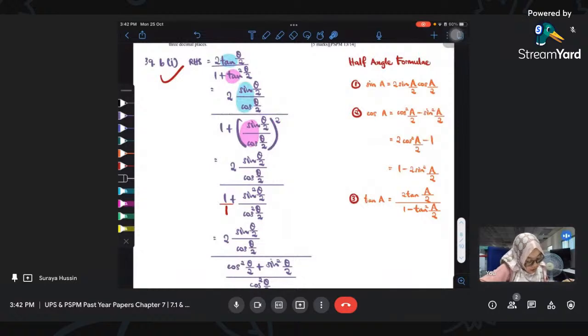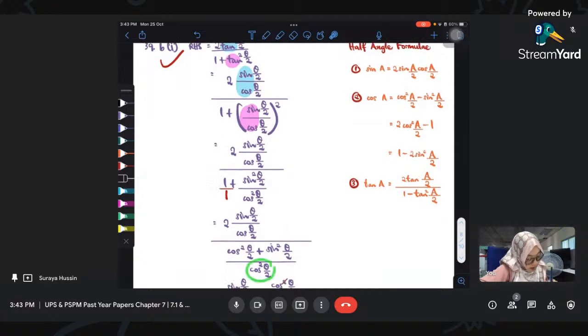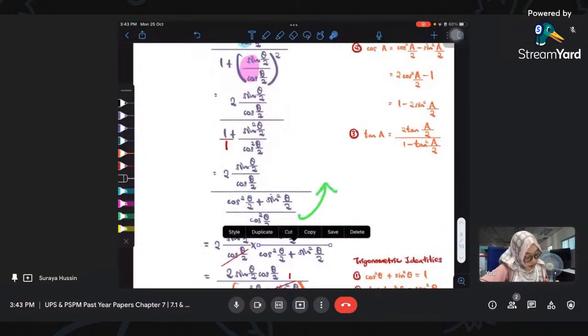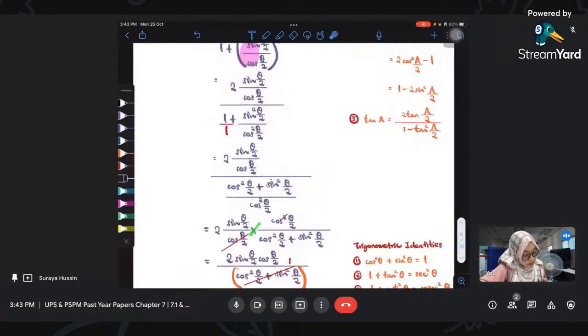Okay, so yeah, I samakan dulu denominator. Samakan. I equate the denominator. So when I equate the denominator, I'll get cos squared theta over 2 as denominator, and then here I'll get cos squared plus sine squared, and then I bring it up, and it's automatically becoming times.